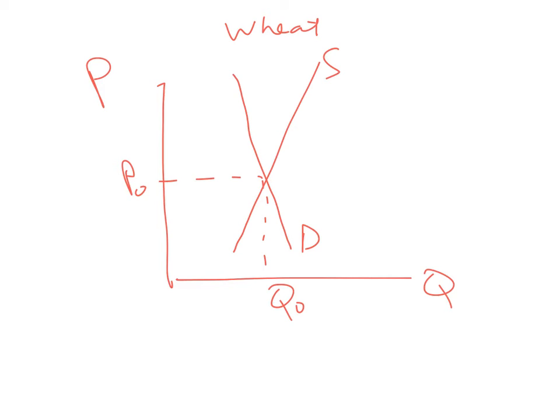around. So let's think about an event. Let's do another demand event. Somebody reads that eating a lot of wheat makes you smarter, whatever. In that case, demand rises, but because of the price inelasticity of the supply curve, quantity doesn't respond very much, but price really jumps.